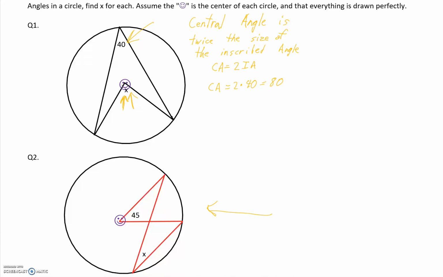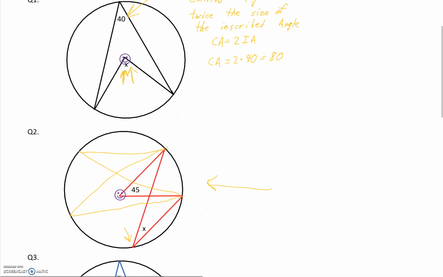And one other thing to maybe realize is that I could have my angles going like this, or I could have my angles going like this, or anywhere really, as long as they are somewhere on the outside of the circle. And so what we have here is we have it touching right there.